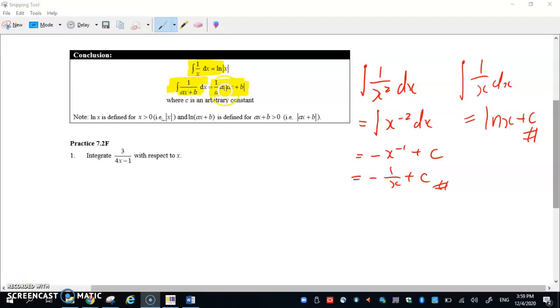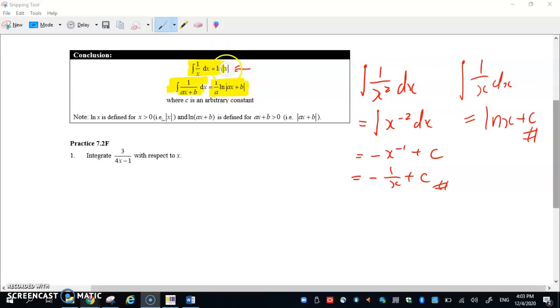For this expression, it is just a continuation of the previous one. However, the denominator over here has a linear expression like this, ax plus b. So as a result, you need to multiply 1 over a to remove the effects of the chain rule. At this point, I want you to look at this modulus sign over here.